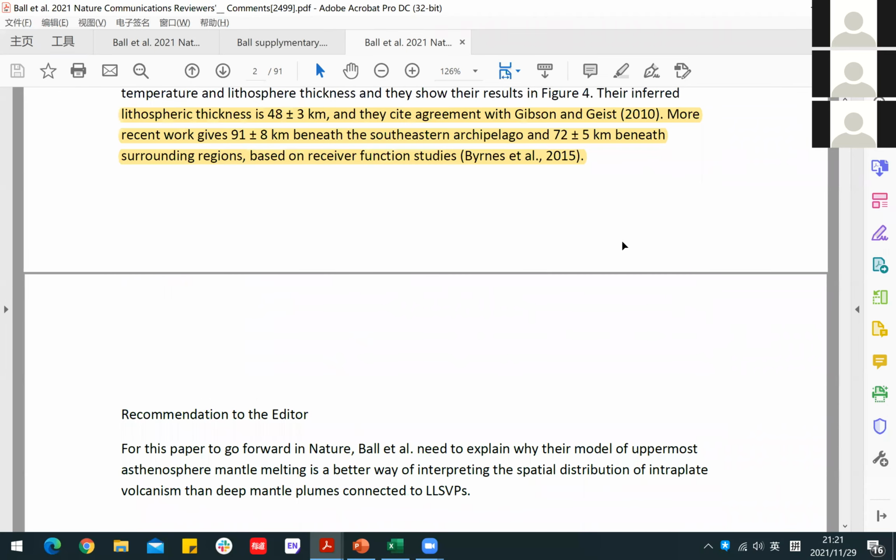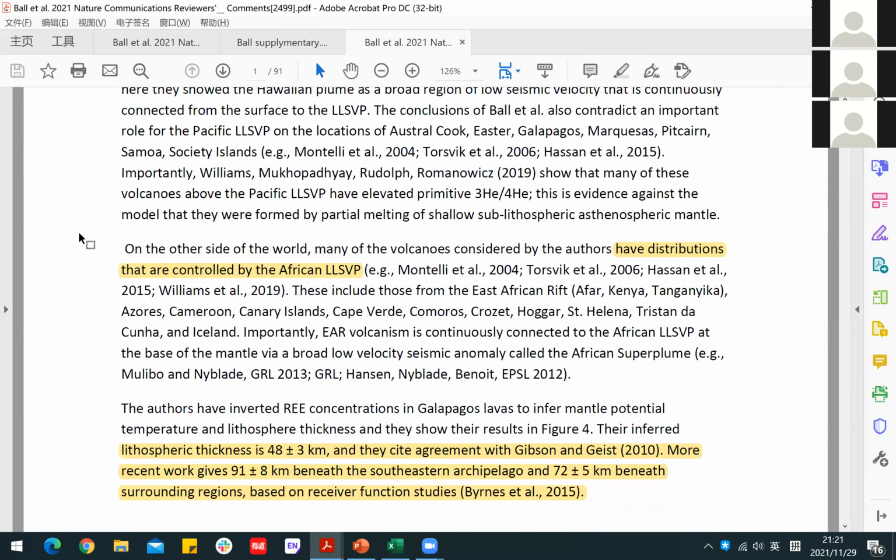And the authors claimed that for this paper they don't care about deep mantle. They say even if you have a deep mantle source, in the end they still need to generate a melt in the shallow part, so that we have the intraplate volcanism, and with the S velocity.